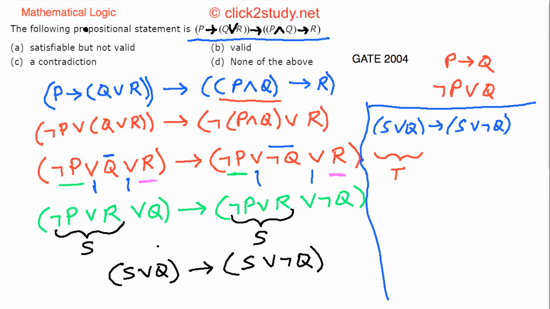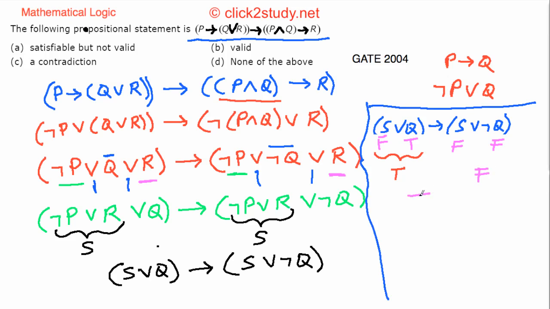This time let's make Q true and S false. This thing is still true, and this thing is false because S is false and Q is true, so the whole consequent becomes false.